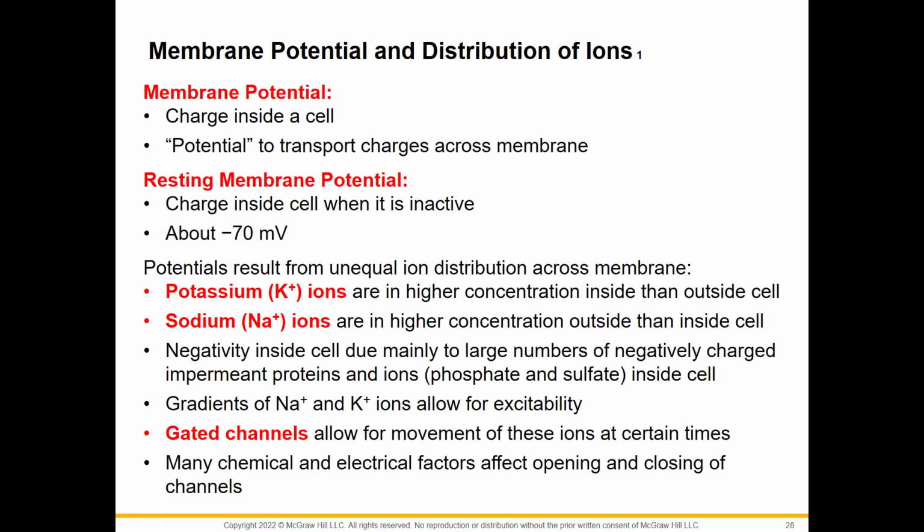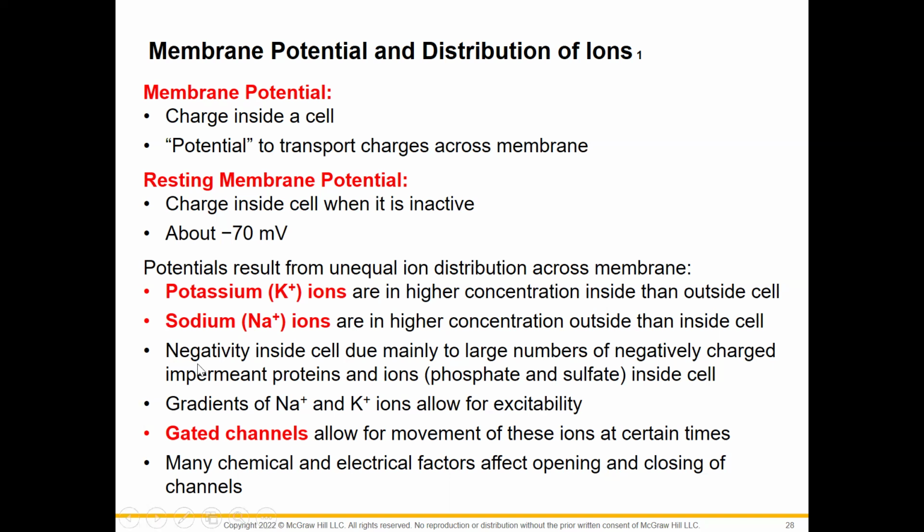So you have more potassium on the inside of the membrane and more sodium on the outside of the membrane. By sequestering those potassium ions inside and having more of those sodium ions outside, that is what is creating the polarity inside the cell. That is what is creating the membrane potential.